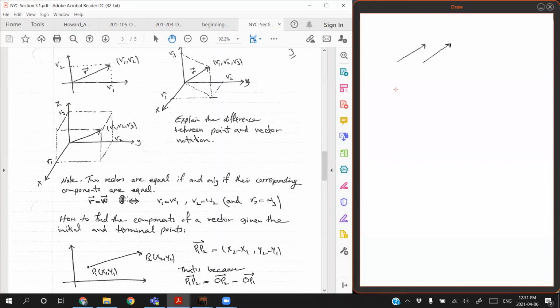So if you have a vector v with components v1 and v2, and a vector w with components w1 and w2, then these two are equal if and only if v1 equals w1 and v2 equals w2. If that's the case, they're equal.